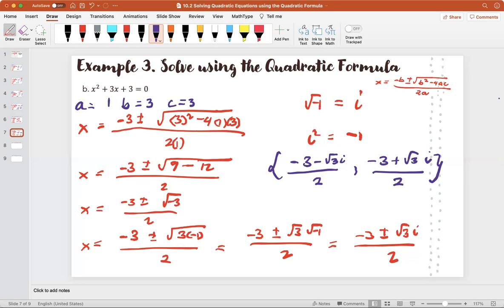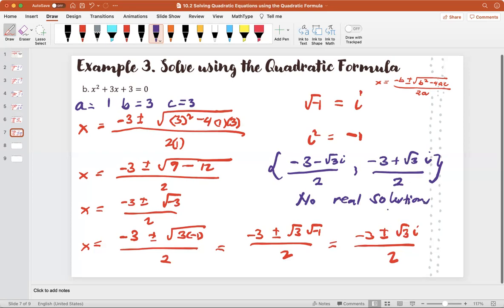Why no real roots? We have an imaginary number. We have a complex number there, so there's no real solutions. Forgive me for using the word roots, but the proper term is solutions. There's no real solutions because the solutions are complex numbers, they are imaginary numbers.